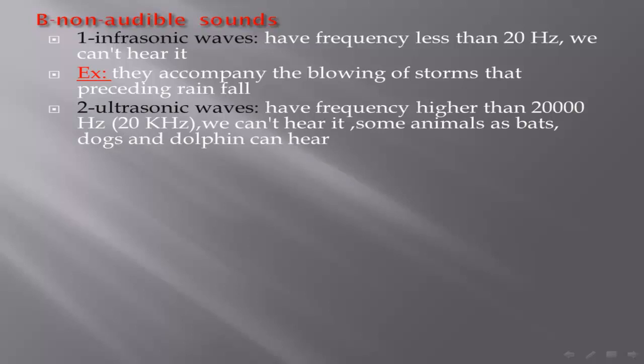Less than 20 hertz is called infrasonic, higher than 20 kilohertz is called ultrasonic. Infrasonic is like the blowing of storms, but ultrasonic can be heard by some animals like ducks, dolphins, and bats.